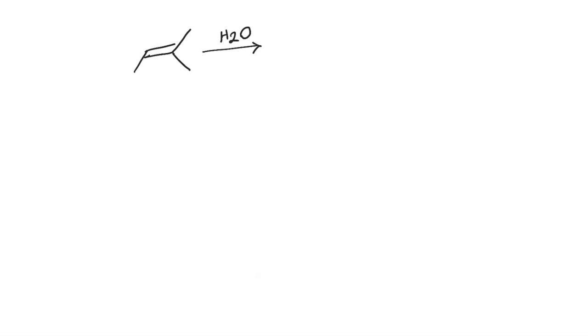So we can use H2SO4, which I will show as H+, and sometimes you will see H3O+. This is the same thing, or H2O, H2SO4. These are all the same thing, okay? They all do the same.